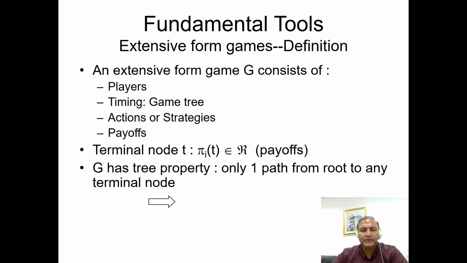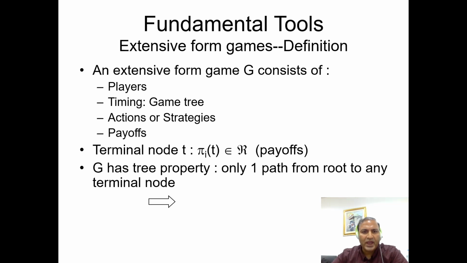Okay, so let us now define the basic structure of a dynamic game. A dynamic game actually consists of four elements. Number one is the players, and number two is the timing of the game, which we can represent in the form of a game tree.